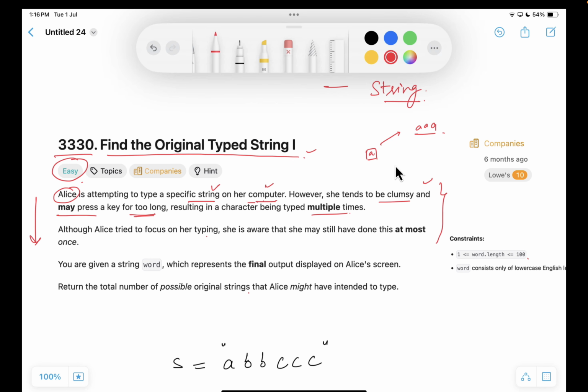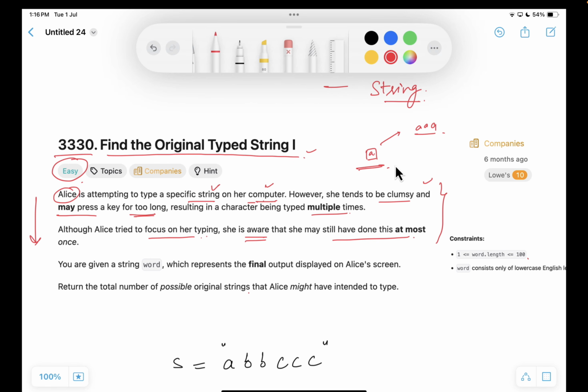Although Alice tries to be focused on her typing and do her best not to make a mistake, she is aware that she may still have done this at most once. Alice is attempting to type a string, but she is clumsy and might hold a key for a very long time.